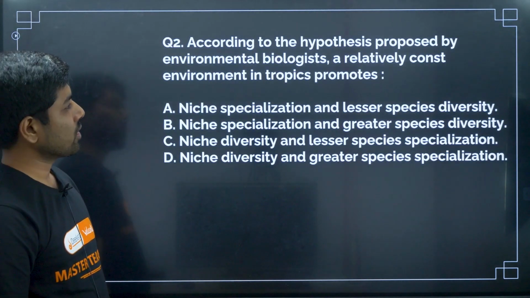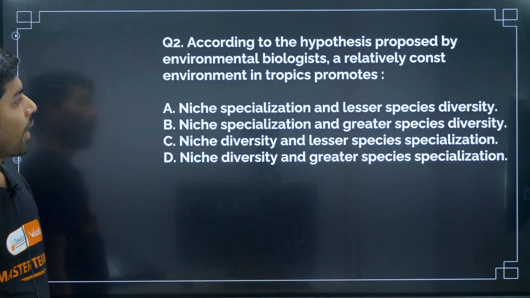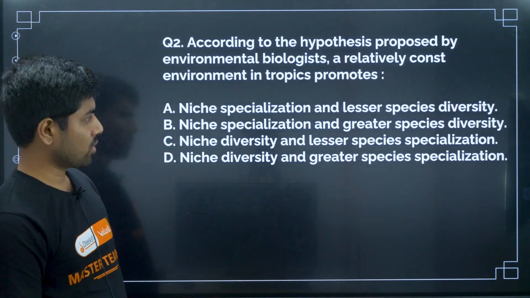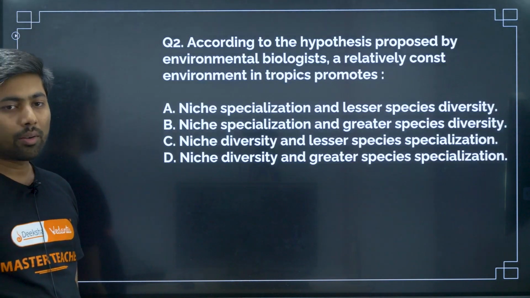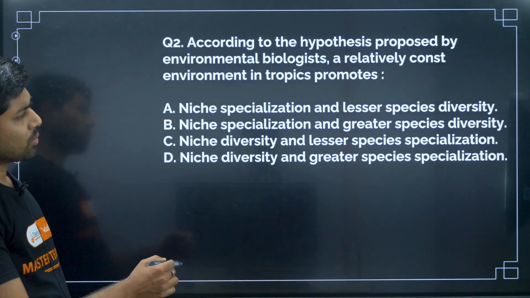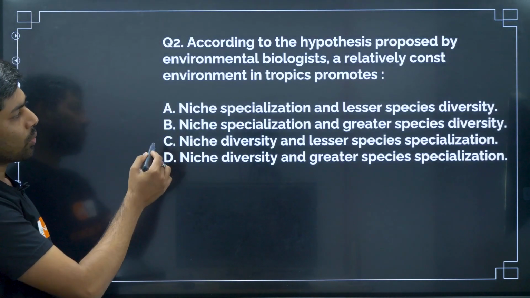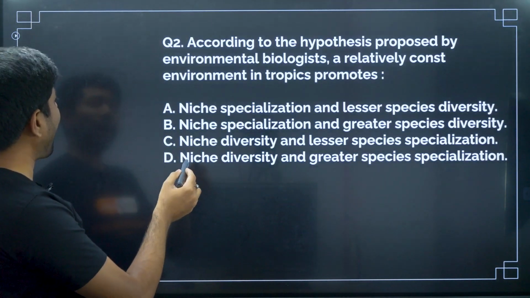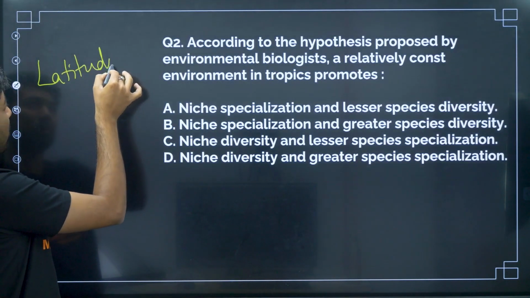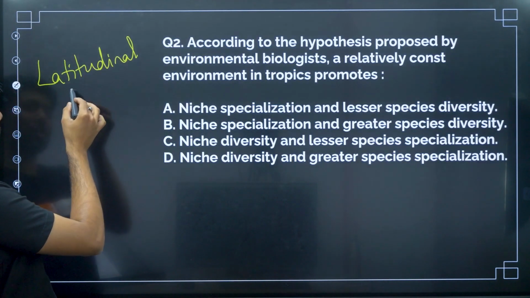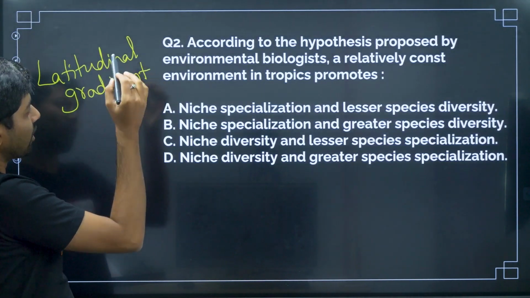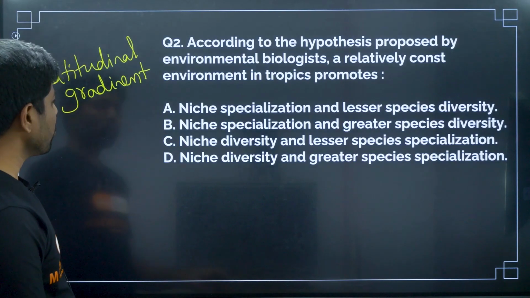Now according to the hypothesis proposed by environmental biologists, a relatively constant environment in tropics promotes what? Now this is discussed in biodiversity and conservation, or organisms and population. Here they are talking about the latitudinal gradient.